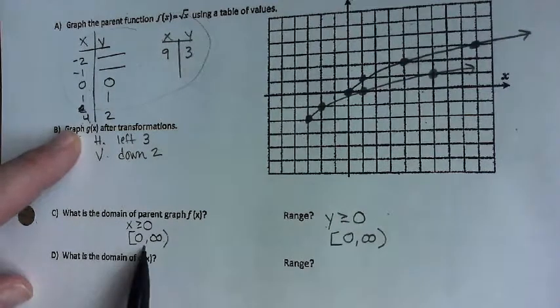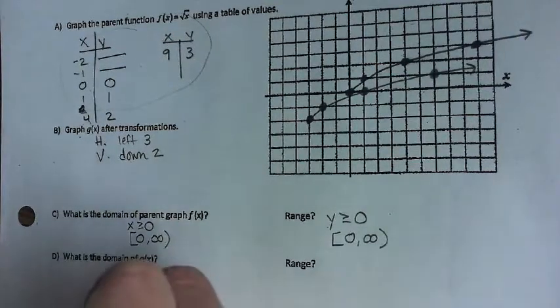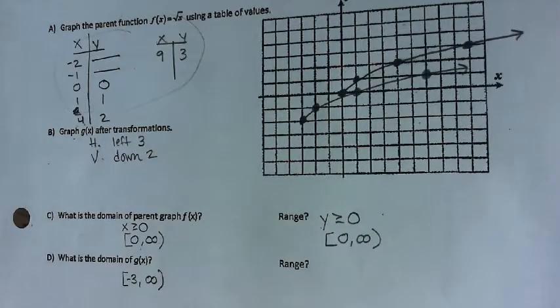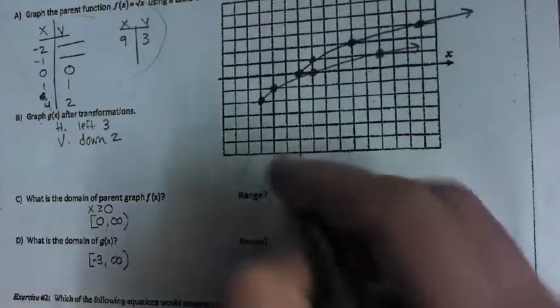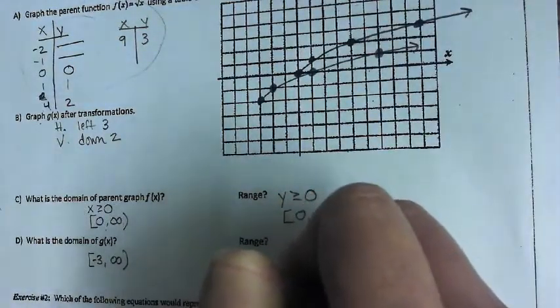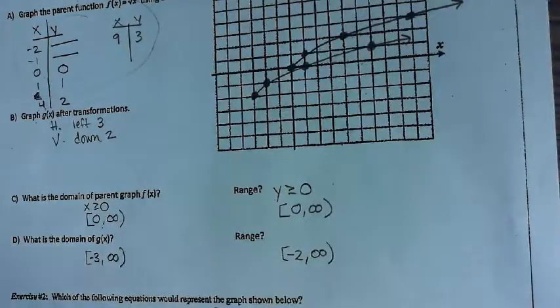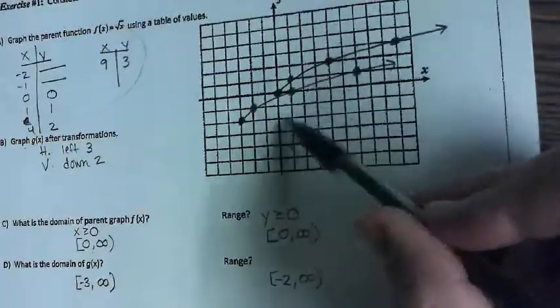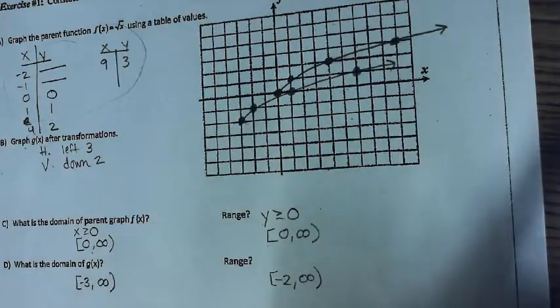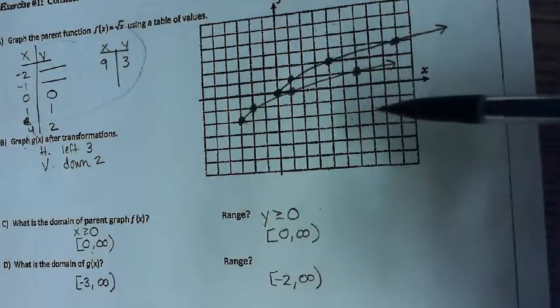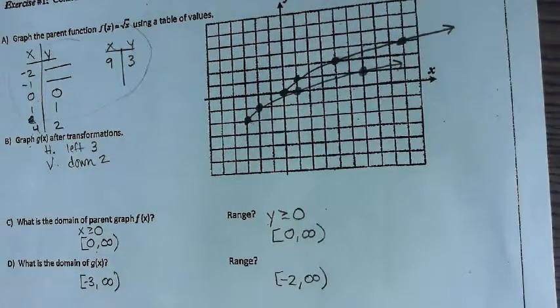The old domain shifted left 3 would now be from -3 to infinity. Don't we agree that infinity shifted left 3 is still infinity? Okay. And your range, because this came down 2, that 0 is now going to be a -2 to infinity. And obviously, if you look at your graph of g of x, you can see that. -3 is now the furthest left to infinity, and -2 is now the furthest down to infinity up.